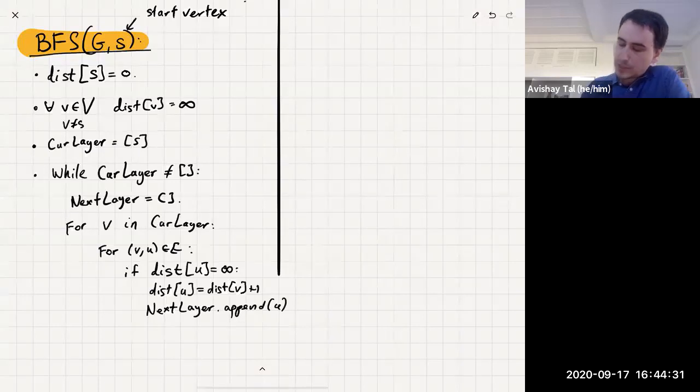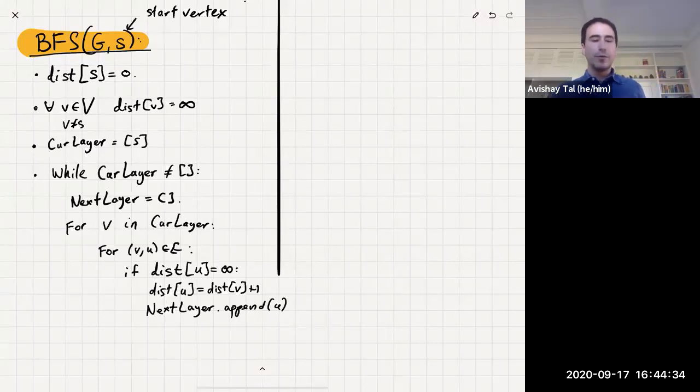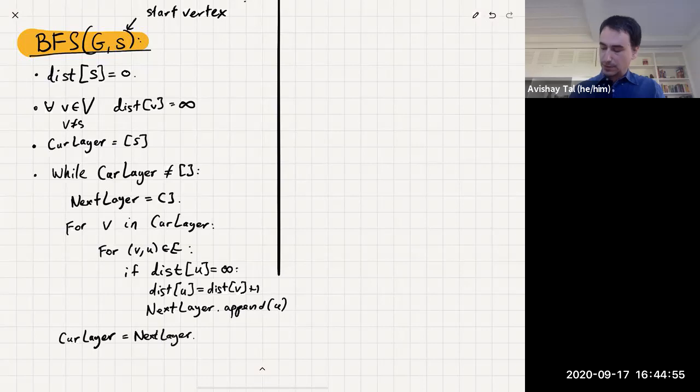Okay. And once we finish iterating over the entire layer, we figure out all the neighbors of the current layer that was not revealed before. And now we can continue, in the next iteration of the while loop, the current layer would be just the next layer.